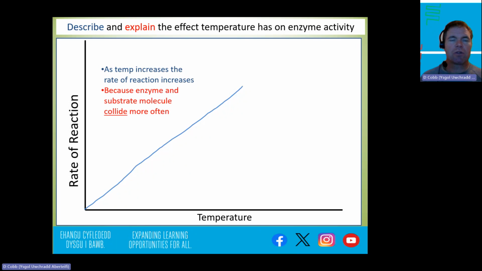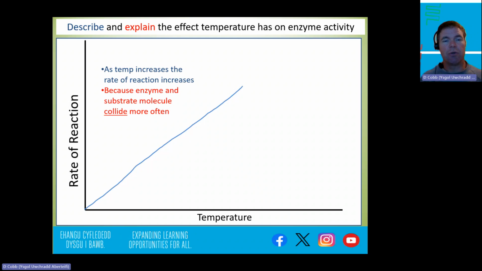So let's now explain what's going on. As soon as I say the word because, I'm now in the explanation phase of the question. And you can see that I've put that in red for that reason. So the description was as temperature increases, the rate of reaction increases because by having that increased temperature, both the enzyme and the substrate molecule move faster and therefore they collide more often.